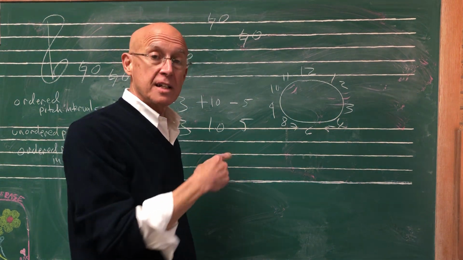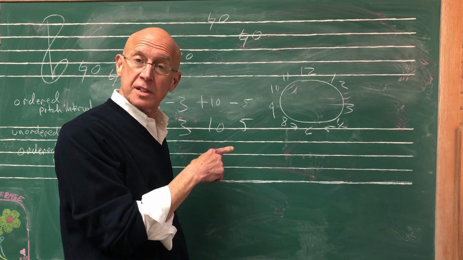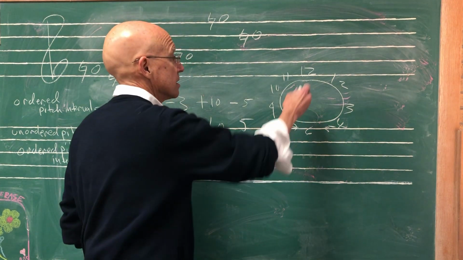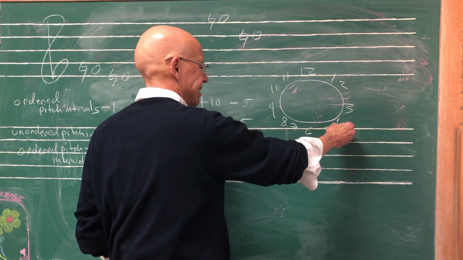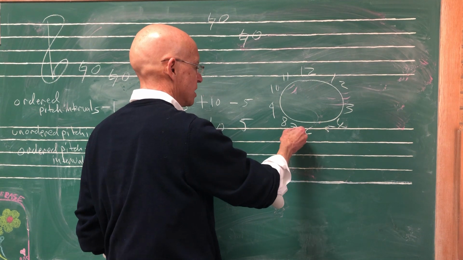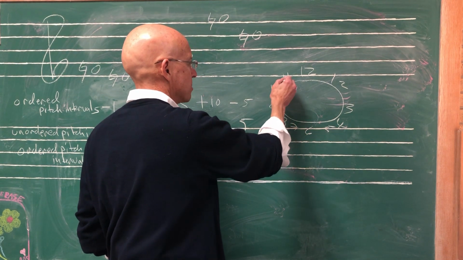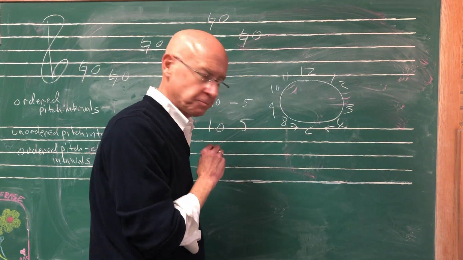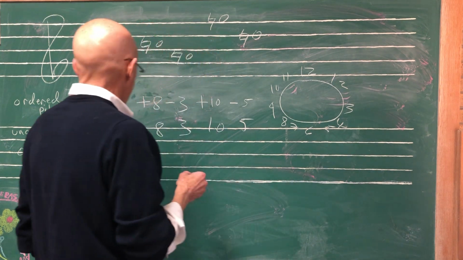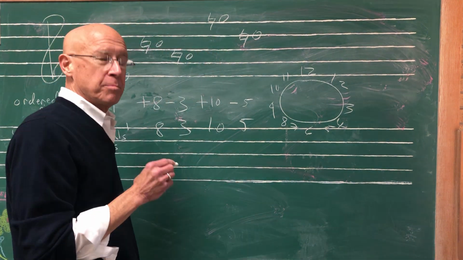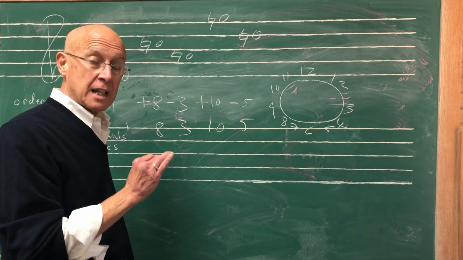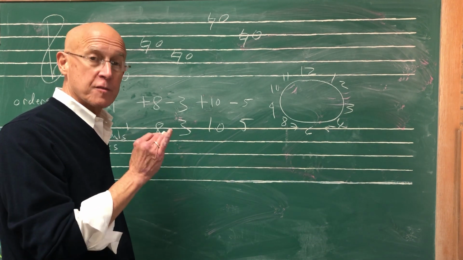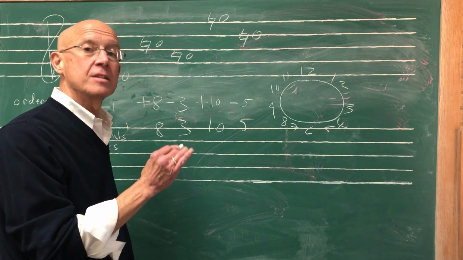Now, think of these not as hours of the day, but as pitch classes. C, C sharp, D, D sharp, E, F, F sharp, G, A flat, A, B flat, B natural, C. Ordered pitch class intervals are always calculated clockwise from the first pitch class to the second.